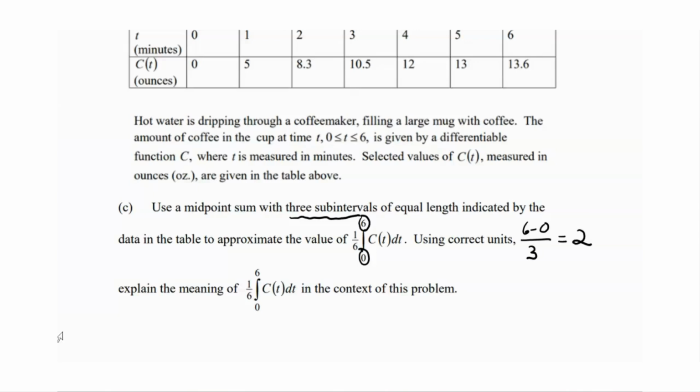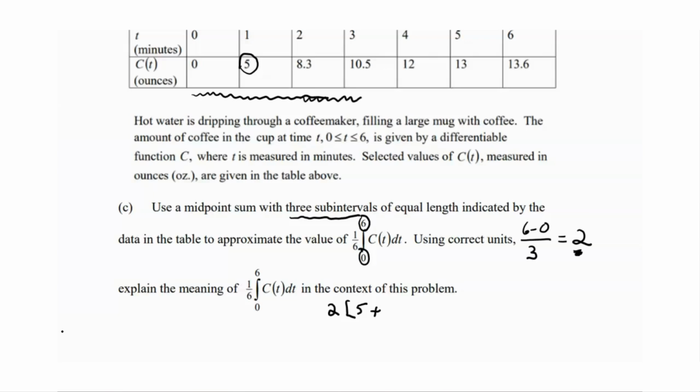All right, so we go up to our table. So our first subinterval would be here. Well, what's the midpoint? In this case, 1.15 is in the middle, so the output value would be 5. Okay, so the height of our rectangle would be 5. Now we're going to have the same width each time, so we're going to factor that out. So we get 2 times 5 for the first rectangle.